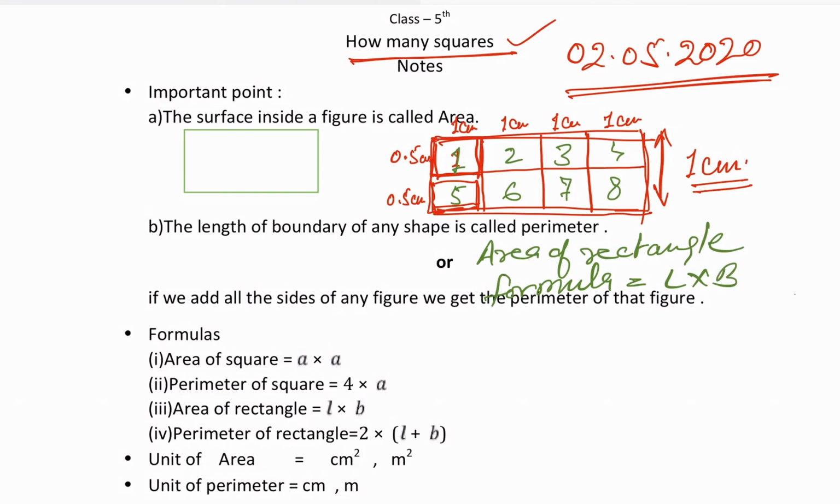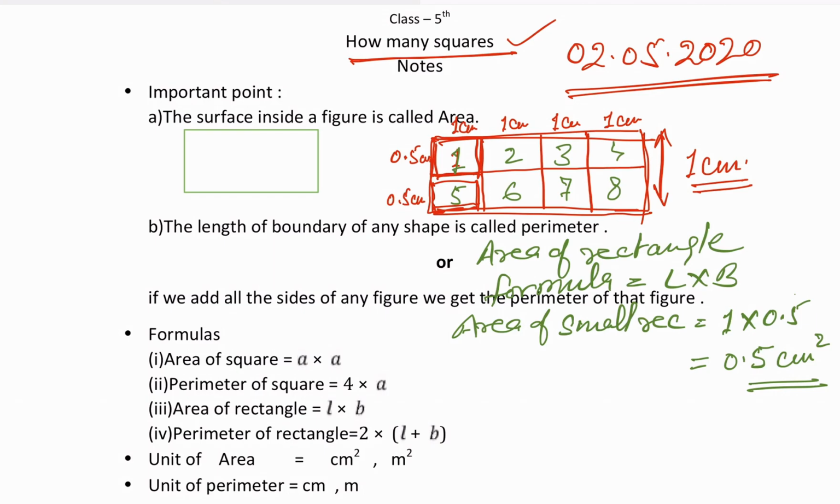Then the area of a small rectangle will be 1 centimeter into 0.5 centimeter, equals 0.5 centimeter square.